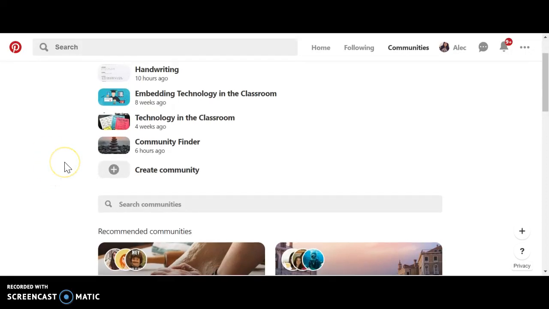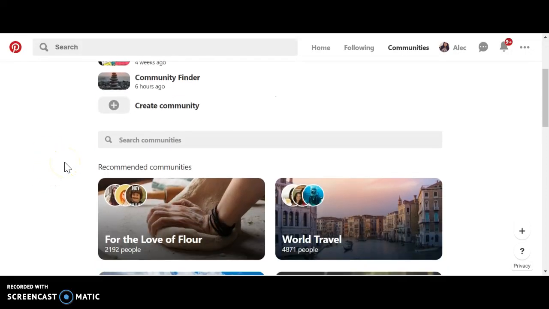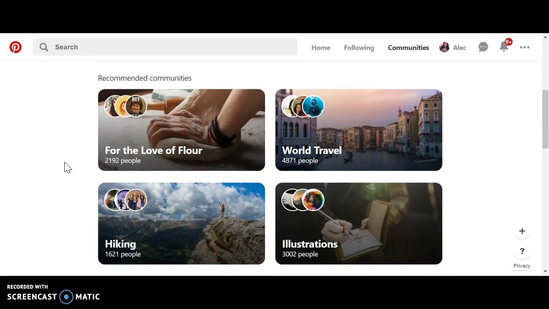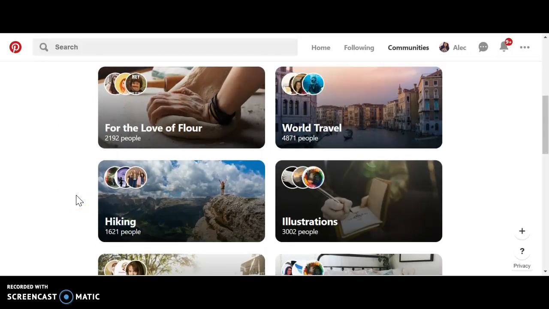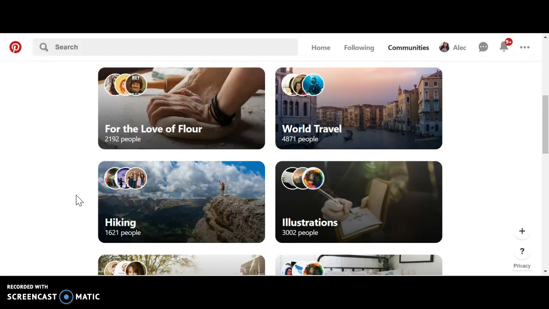And basically, it's going to add a social aspect to Pinterest. In the past, Pinterest has been known to not be a social platform, and so they are making steps, I guess, to become much more social. So some of these communities were created by Pinterest and have grown. This was launched, I think, back in September, and so it's still fairly new.